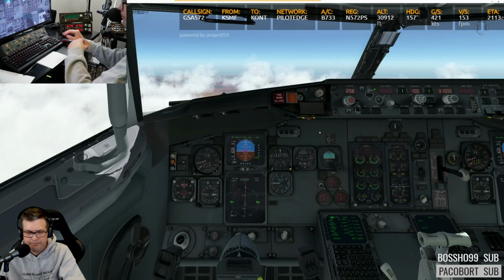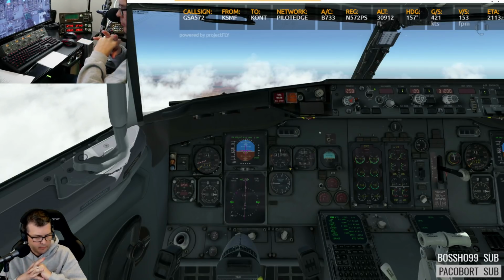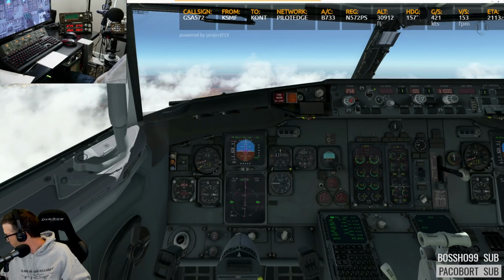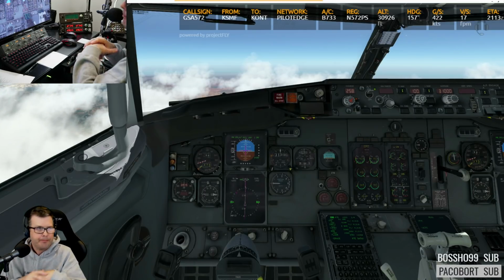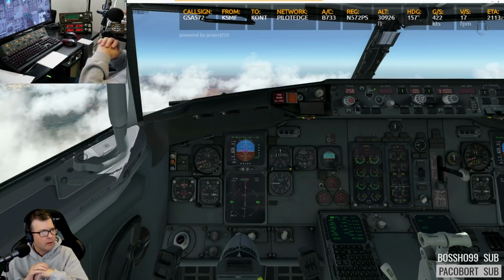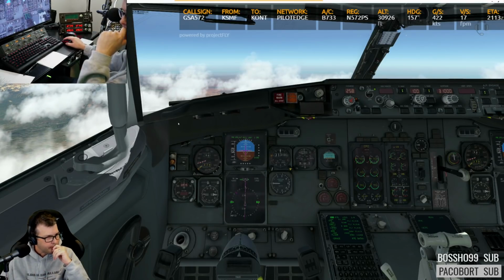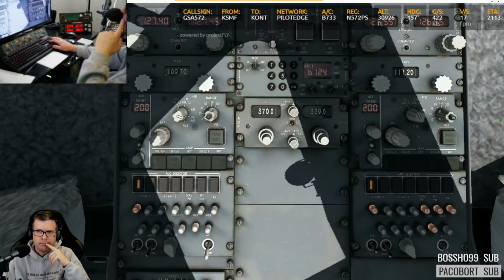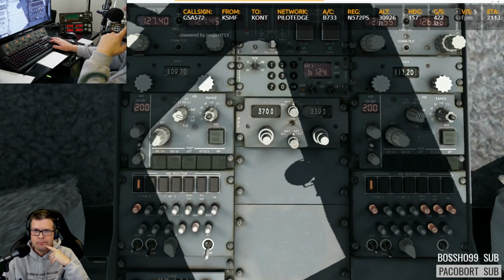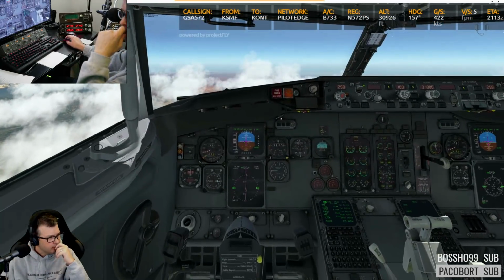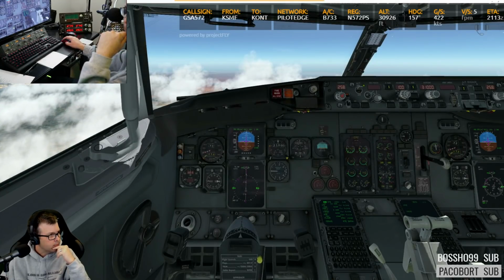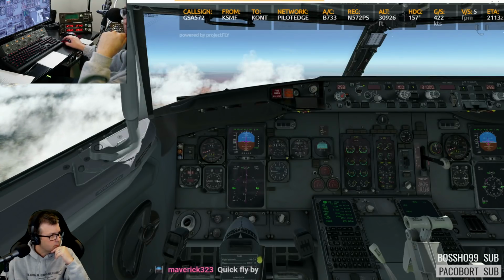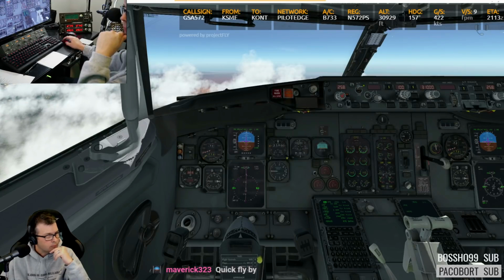Auto brake is set up way ahead of time. Quick flyby? Sure.